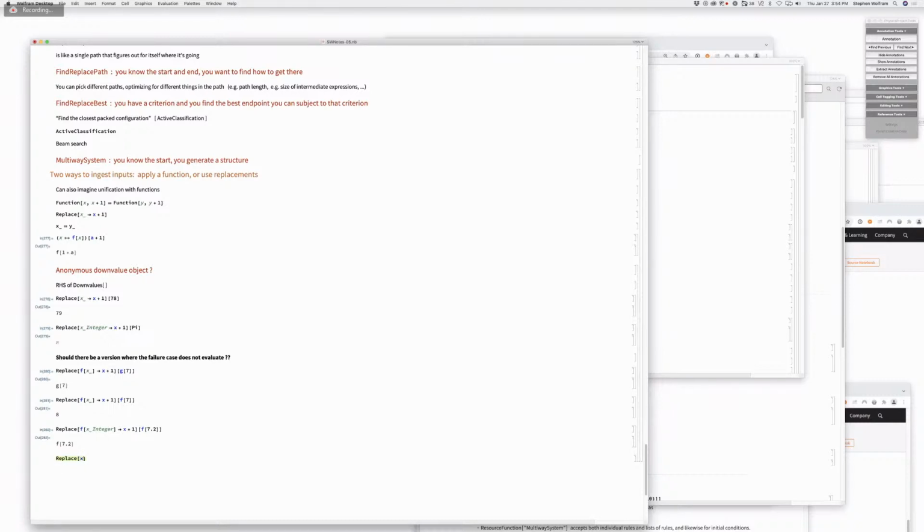Okay, so let's say this case here, f of xx, and then we apply that to, I can't imagine this will work. Maybe it should, though.